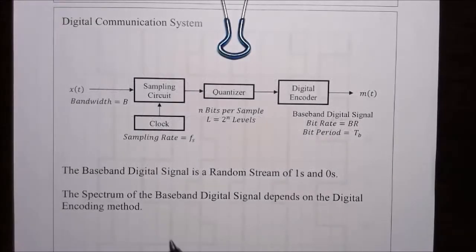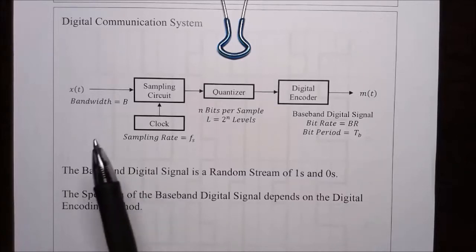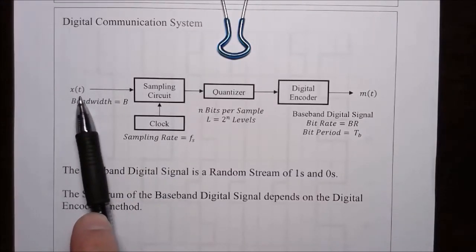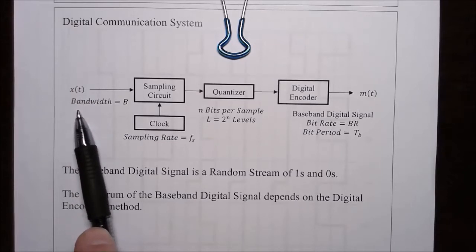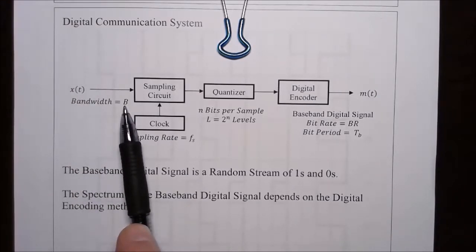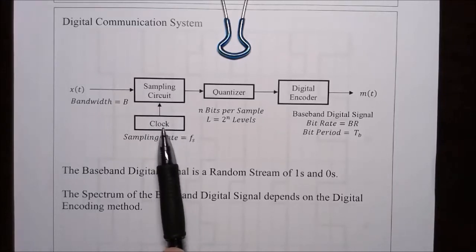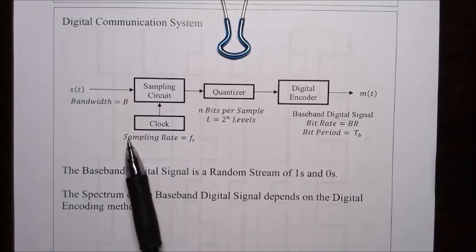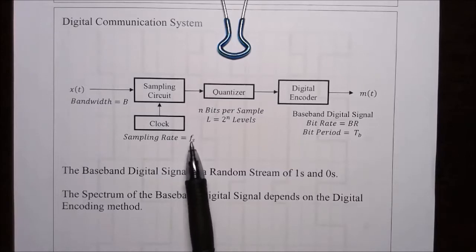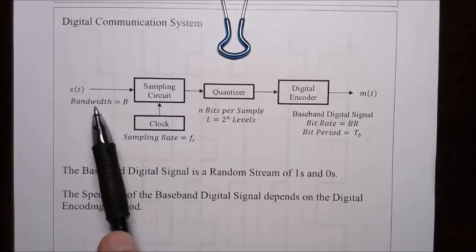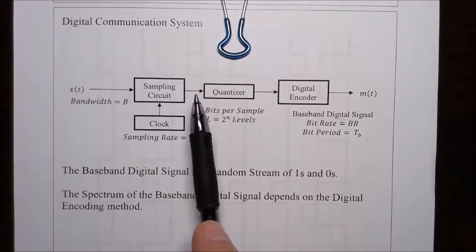Let me remind you where we are in studying digital communication systems. We have a continuous message signal x of t with a certain bandwidth B. The signal is applied to a sampling circuit under the control of a clock, which establishes the sampling rate f sub s to successfully reconstruct the original signal from the sampled signal.